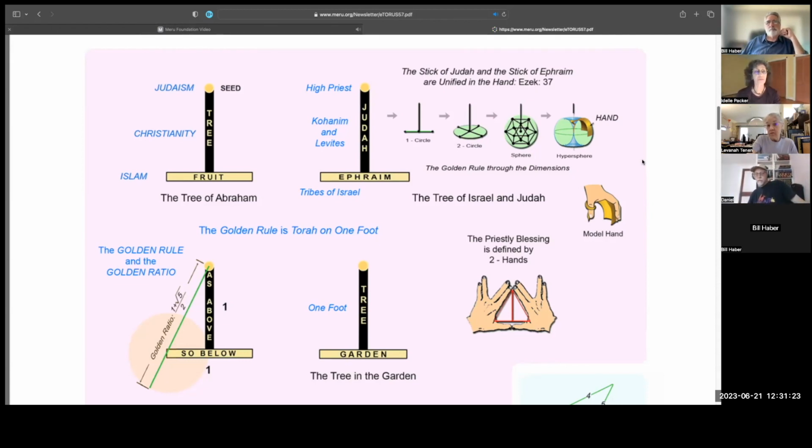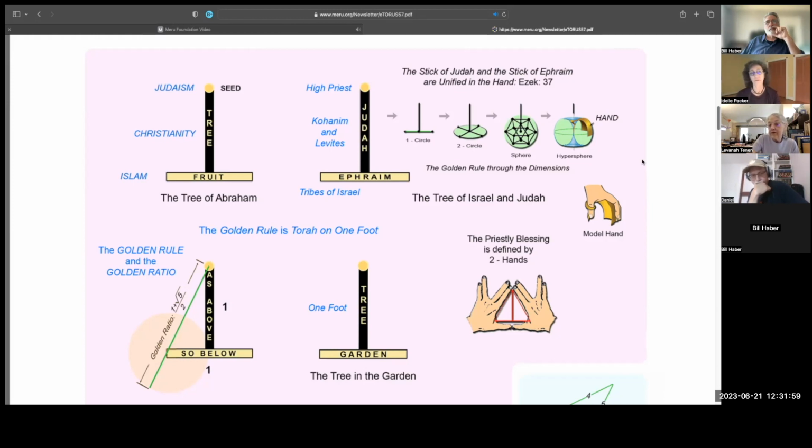That's the same sequence of 4 images, with the 1 circle, which looks like the inverted T. The 2 circle, in other words, a circle with a line out of its center, and then a sphere, again with a line going up, but you can start to sense that there are bigger dimensions involved, to a hypersphere, a 4-dimensional figure.